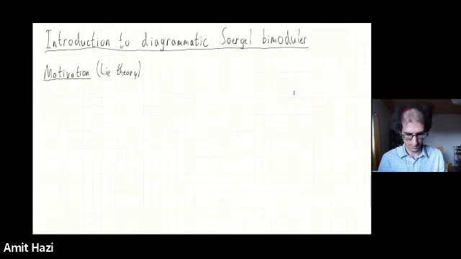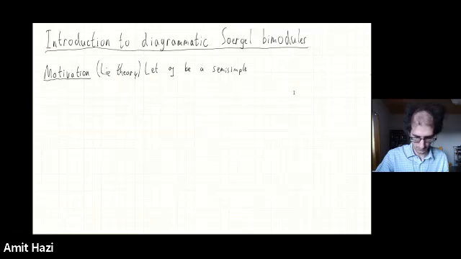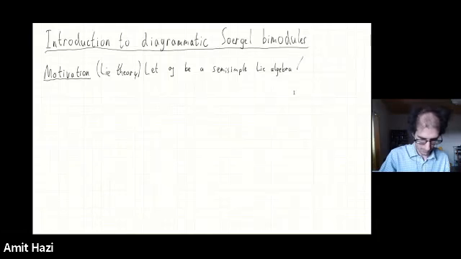Okay, so because we're in Lie theory, we should probably have a Lie algebra. We're going to have, so let G be a semi-simple Lie algebra over the complex numbers.